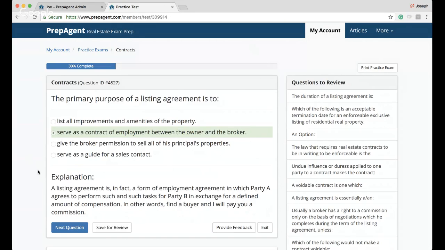Boom. Serve as a contract of employment between the owner and the broker. A listing agreement is an employment contract. That's what it is first and foremost.